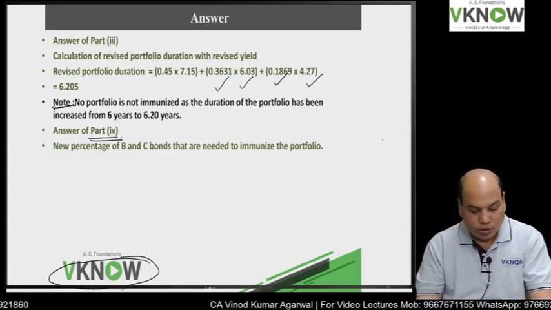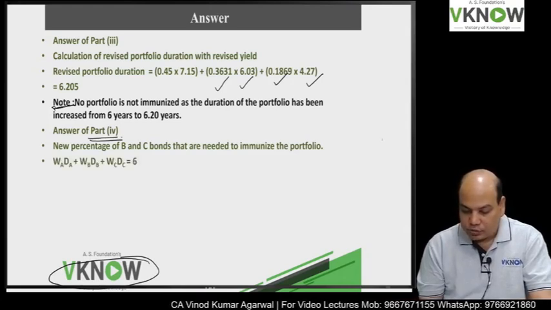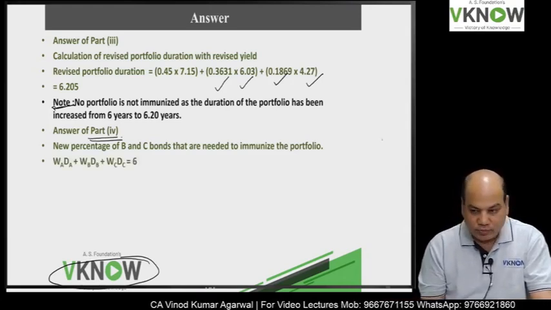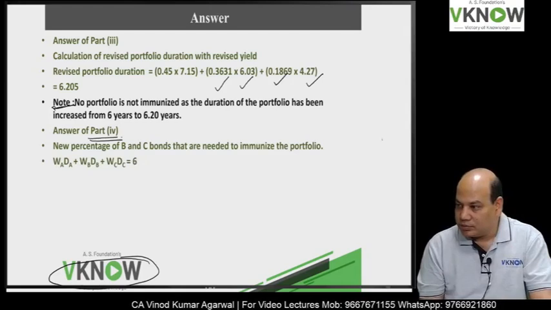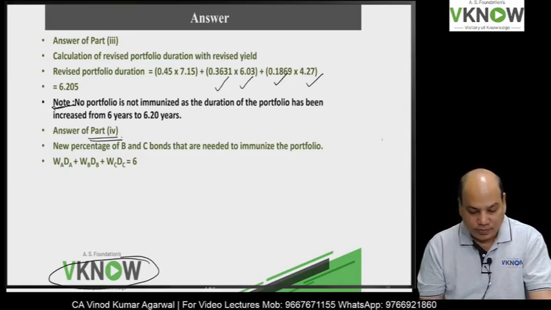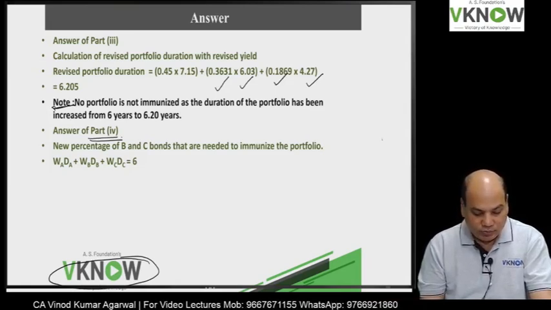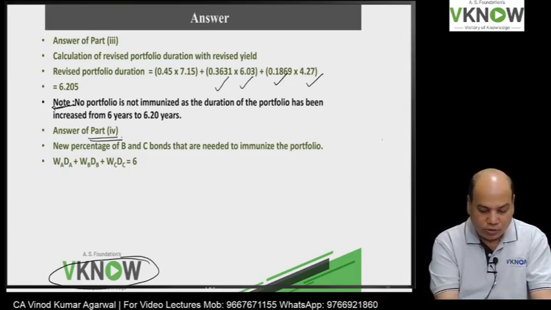It's a lengthy question but easy question. So I am going to write the equation again. Same equation: WADA plus WBDB plus WCDC is equal to 6.